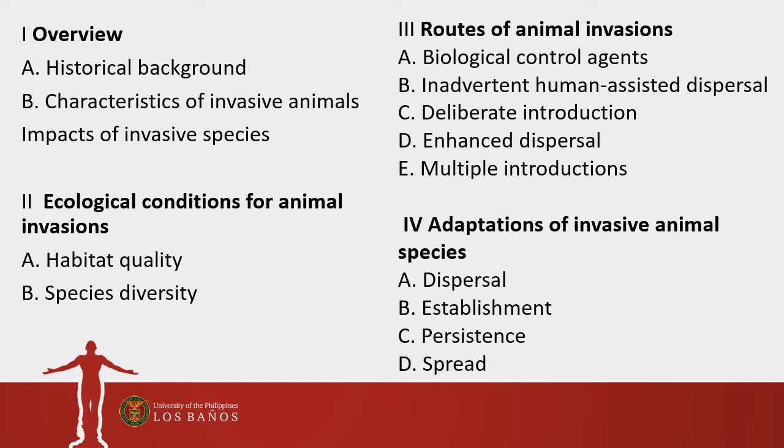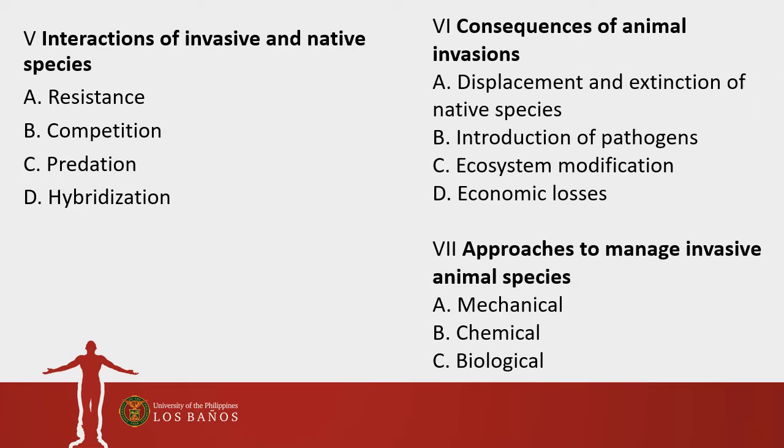Routes of animal invasions. 4th, adaptations of invasive animal species. 5. Interactions of invasive and native species. 6. Consequences of animal invasions. And the last topic would be approaches to manage invasive animal species.